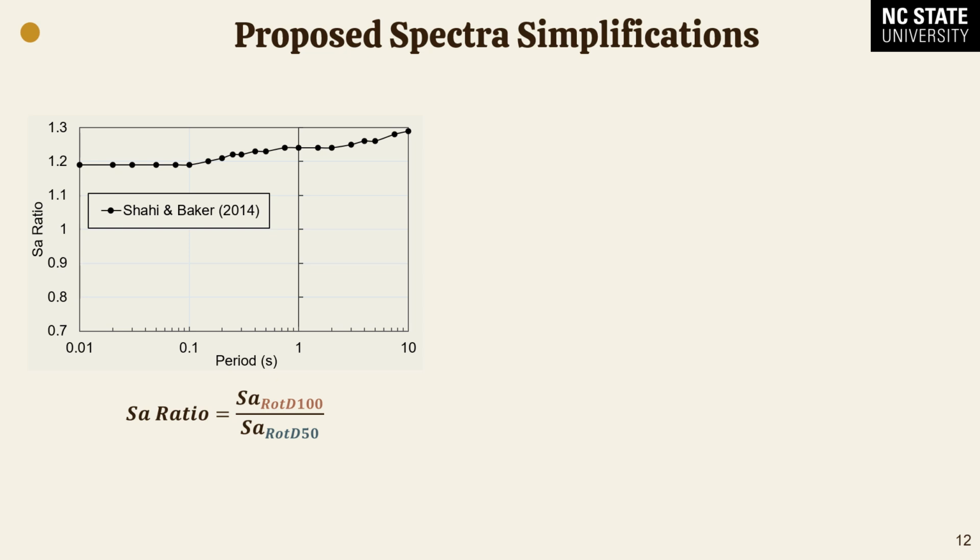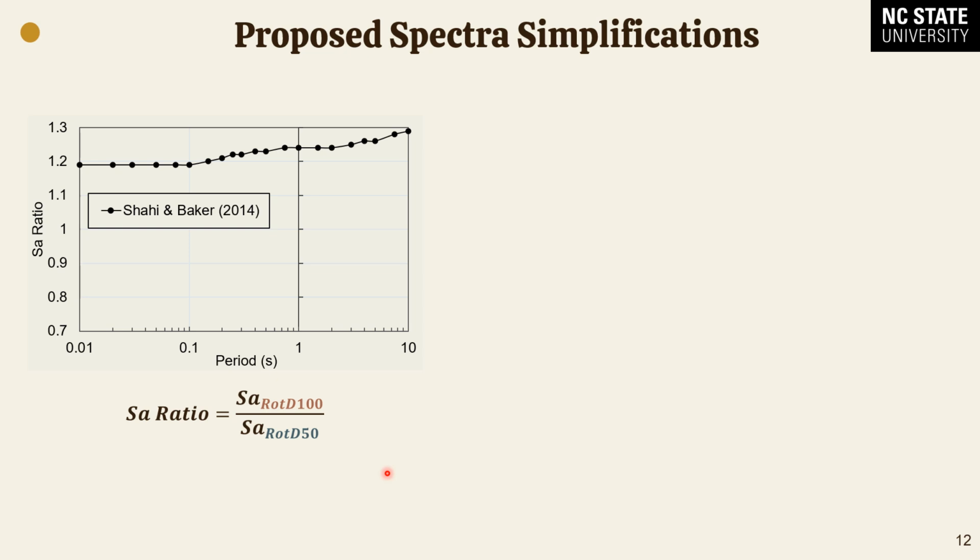In 2014, Shahi and Baker did a study which essentially measured what the conversion factor is between rho D100 and rho D50. Now rho D100 represents the maximum of the peak values in the response spectra, and rho D50 is the median or 50th percentile of the peak values across all multiple directions of the ground motions.